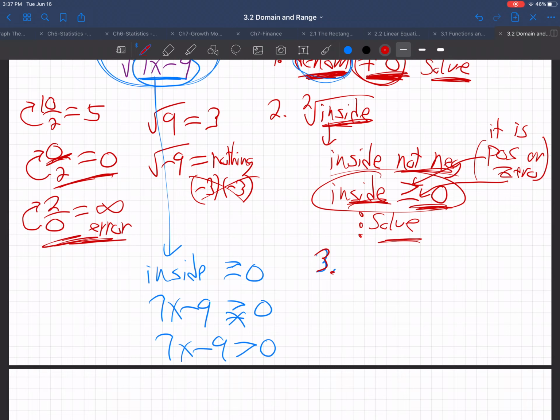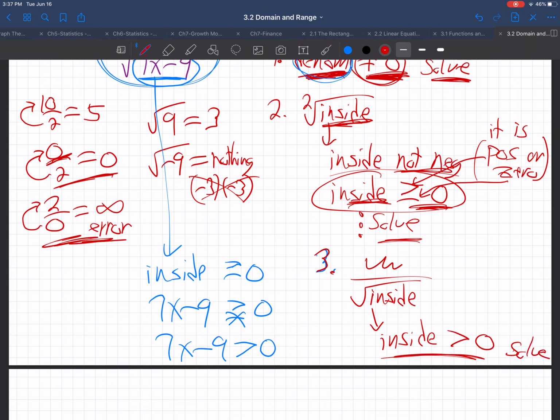If you have whatever over the square root and you have the inside of a square root in the denominator, you take out that inside and you say, hey, inside, you have to be just greater than 0, and then you solve. Because it's in the denominator, so it can't be equal to 0. And it's in a root, so it can't be negative. It's greater than only, greater than 0.